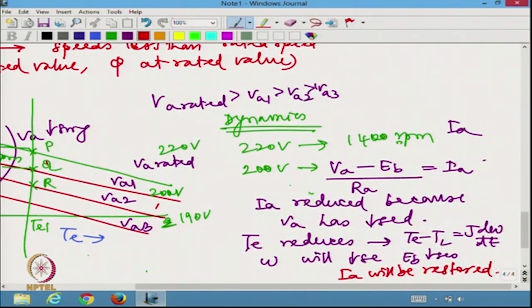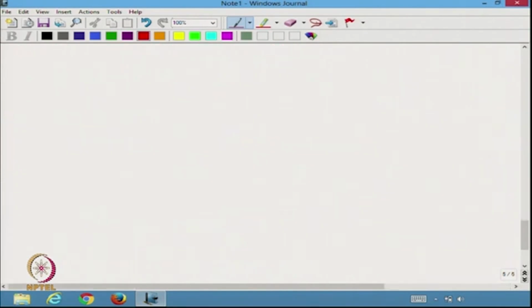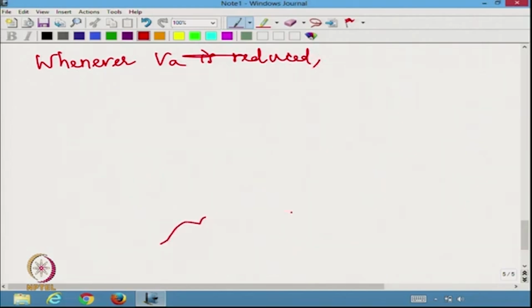So, whenever I change VA, whenever VA is reduced, I am going to have speed decrease.